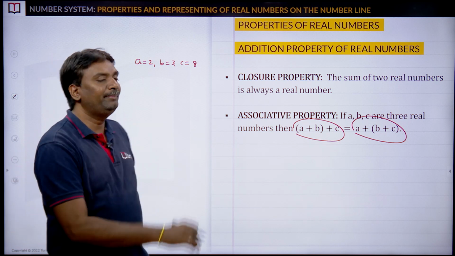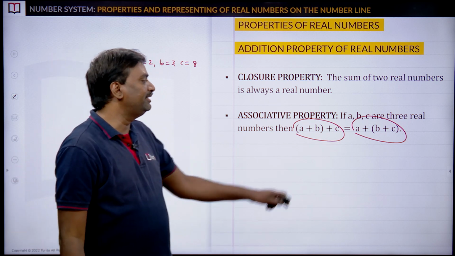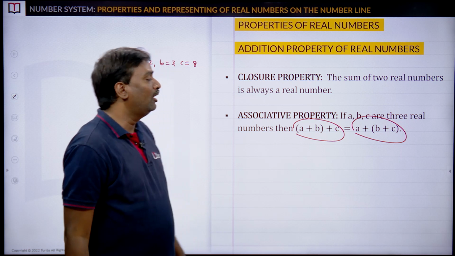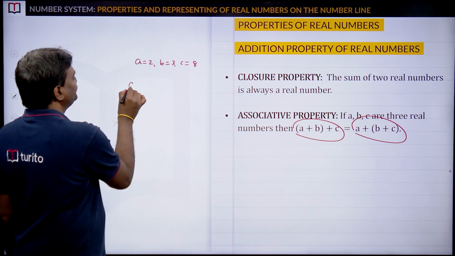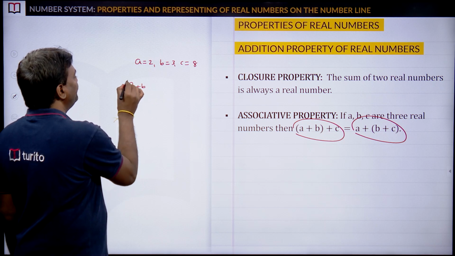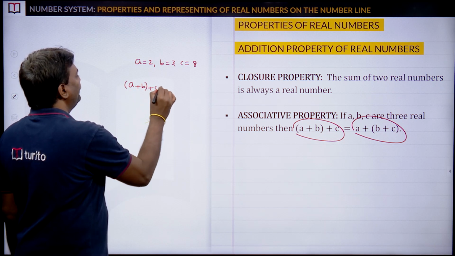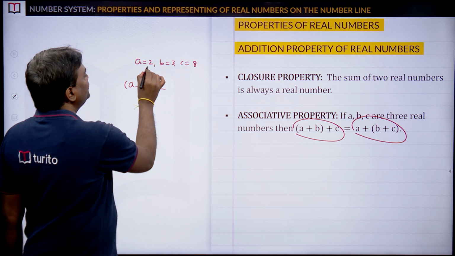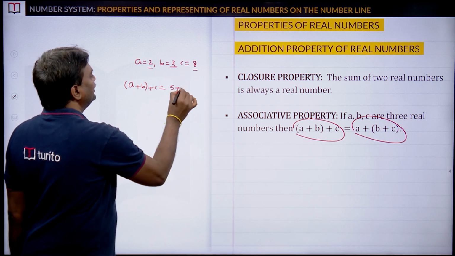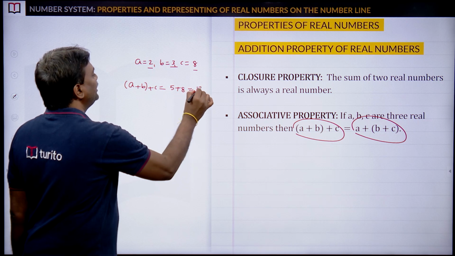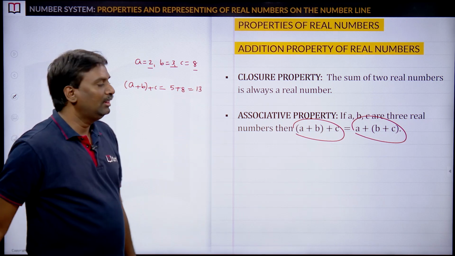So, if A, B, C are any three real numbers, here if we take the LHS part, what do we have? (A plus B) plus C. A plus B means 2 plus 3, 5, plus C, 8, so 5 plus 8 equals 13.